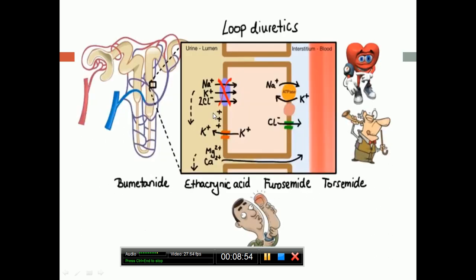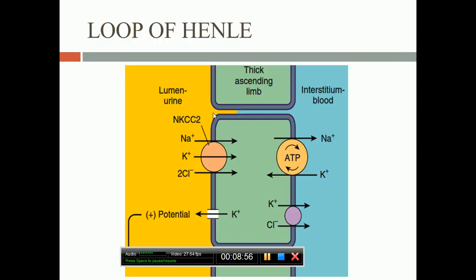Here we have already seen it. So this actually happens here. This is the name of the transporter. This is the urine lumen, this is the interstitium, and here is the blood vessel. What actually happens? Sodium, potassium and 2 chloride are reabsorbed and come into the cell.